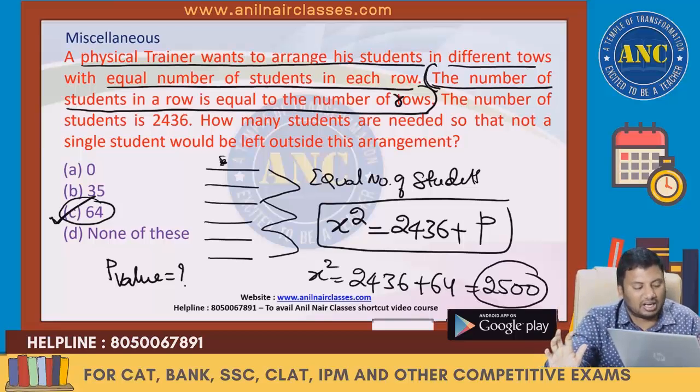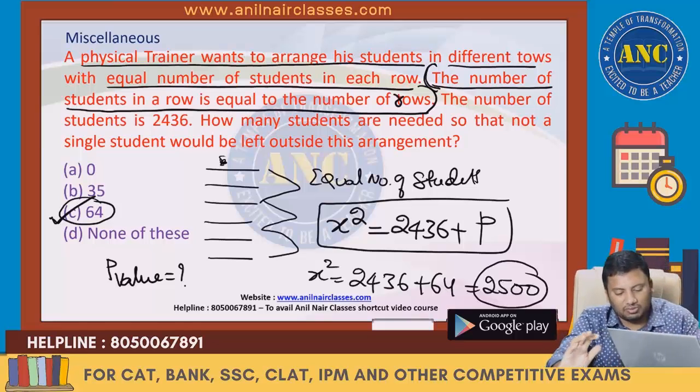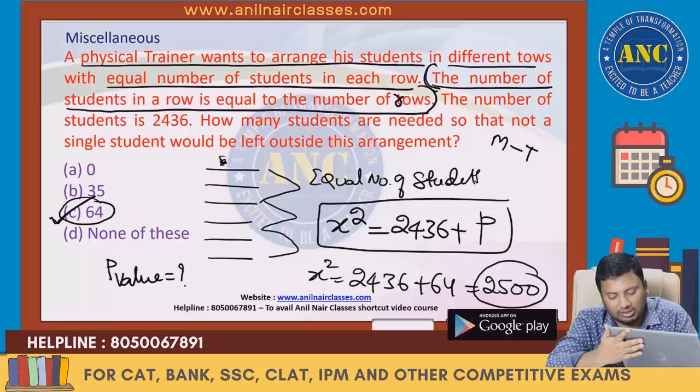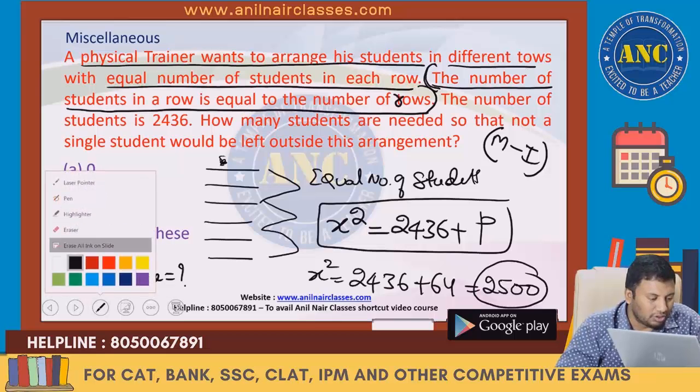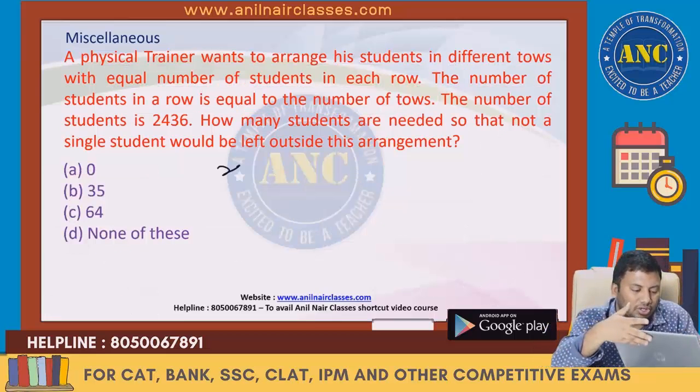But 64 is satisfying this question. This is one way to look at this question. This is method 1. X square is 2436 plus p. P should be 64. Method 2. There is an alternative method to solve the question. X square is 2436 plus p.